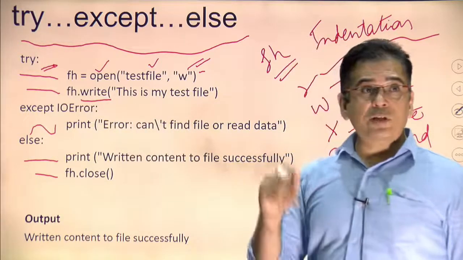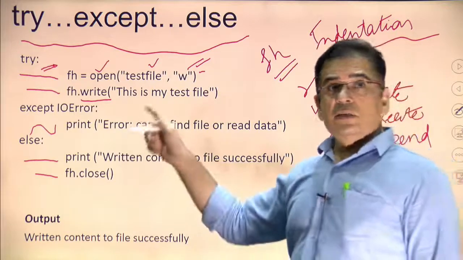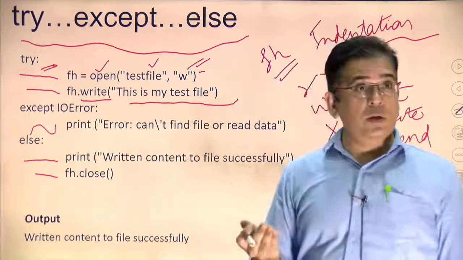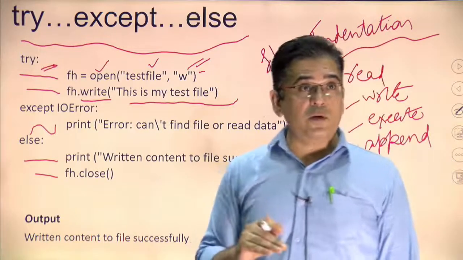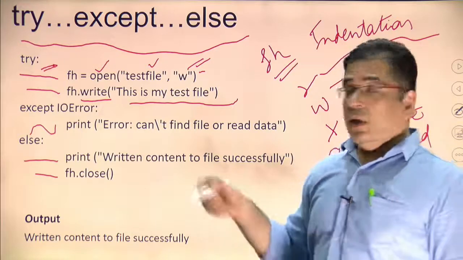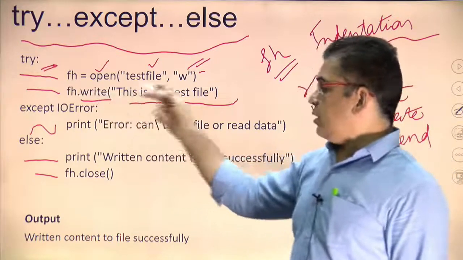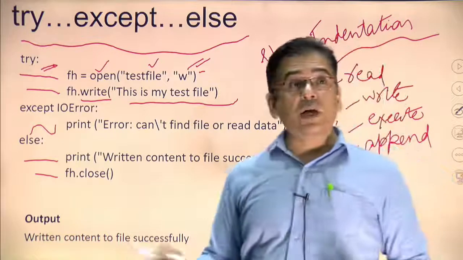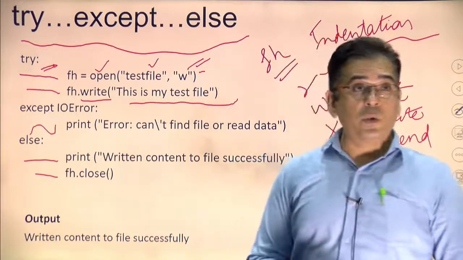So fh.write, this is my test file. If the file is successfully opened, there is no error in opening the file, or even if the file is available and not missing, and this fh.write statement executes successfully, then there is no runtime error or exception in our program.